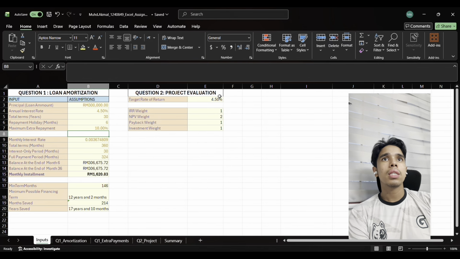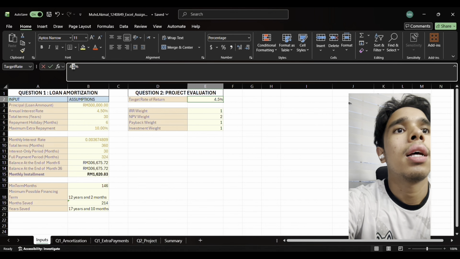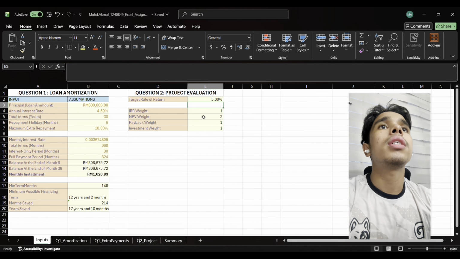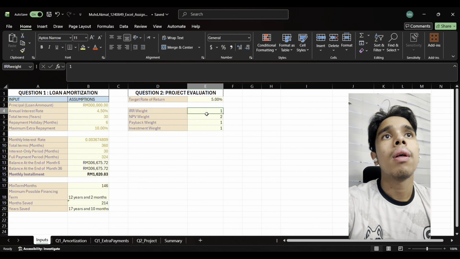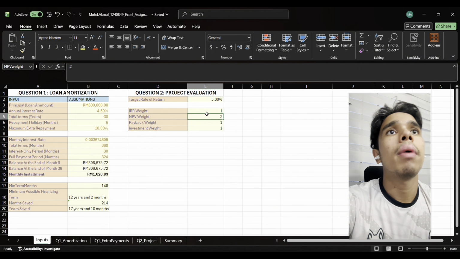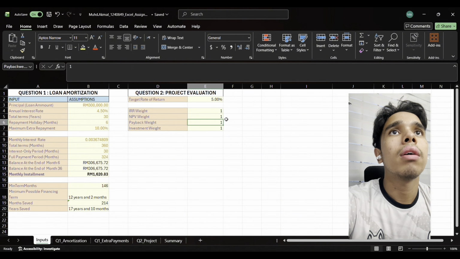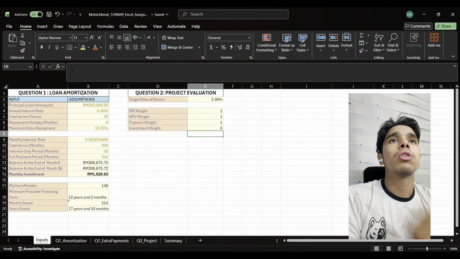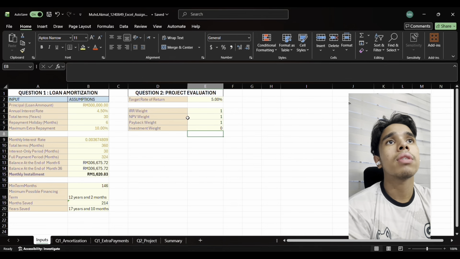So let's look at the input types. What if we change the target rate of return to 5%, and let's assume we just want to use the IRR, NPV, and payback, and ignore the initial investment, and we assume all the criteria have the same value.